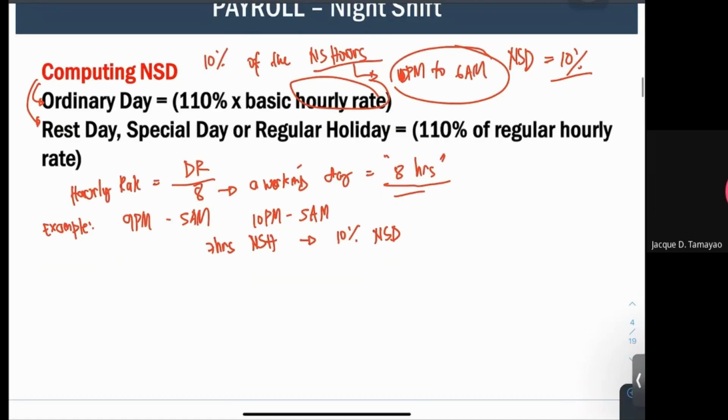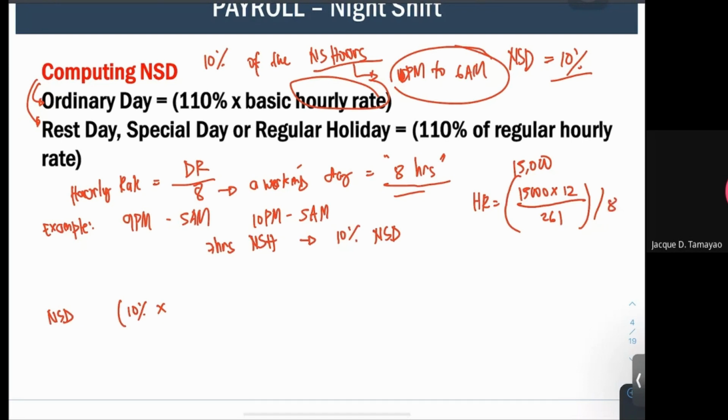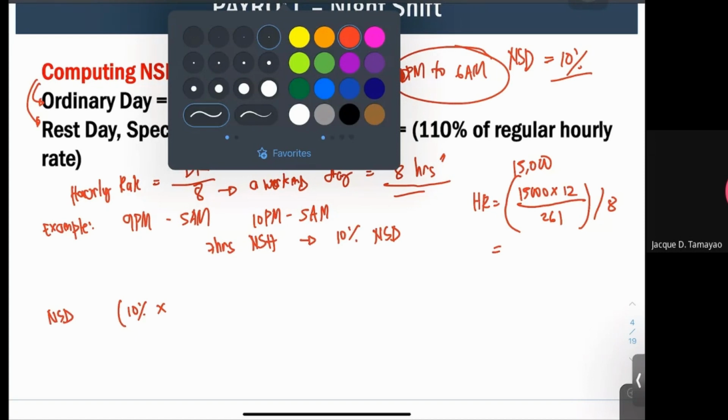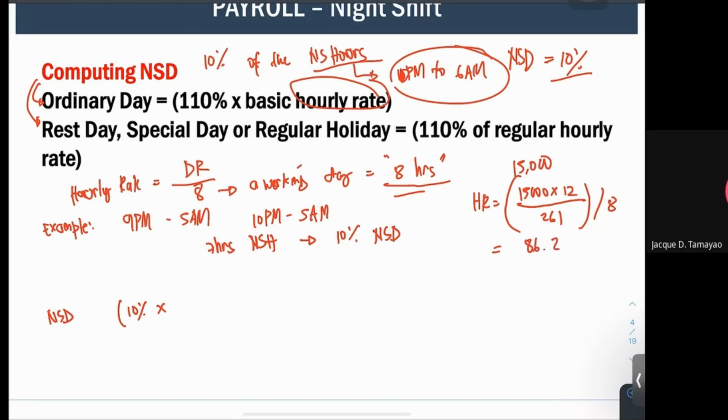So let's compute your night shift differential. Your night shift differential pay is equal to 10% of your basic wage. So let's say your basic wage is 15,000. Let's get the hourly rate. So hourly rate, 15,000 multiplied by 12 divided by 261 divided again by 8 to get our hourly rate. So our hourly rate is equal to 86.21.